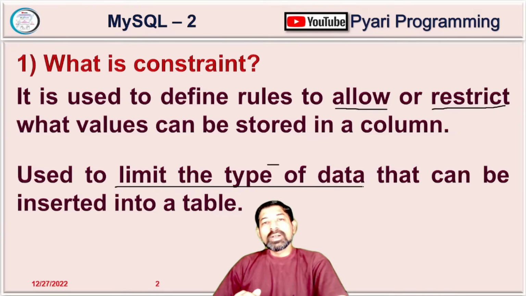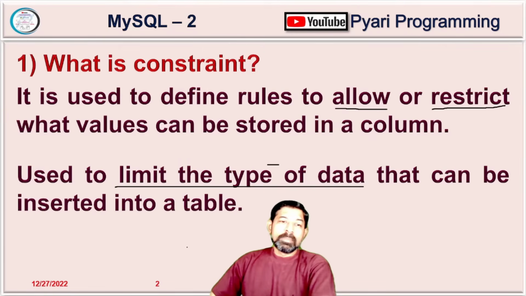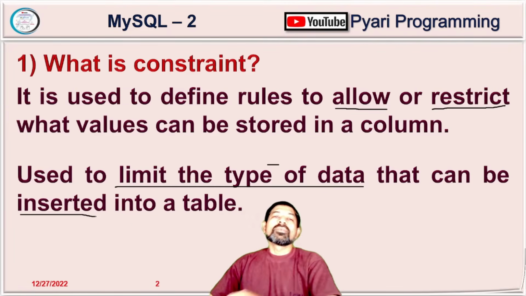Suppose I want that the quantity that I'm maintaining for my organization must be between 50 and 500. The minimum limit is 50 and the maximum limit or the stock I can maintain is 500. So I am again limiting the data between 50 and 500 that can be inserted into a table. So these are called my constraints.